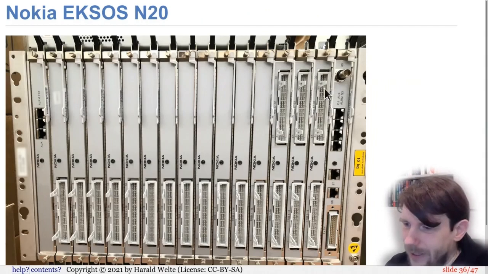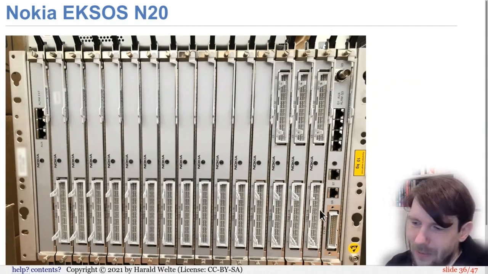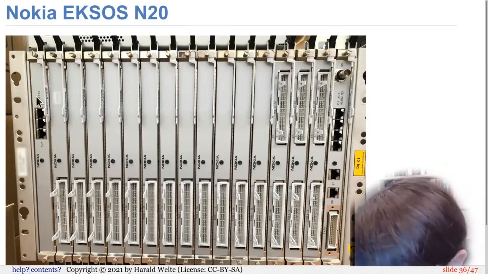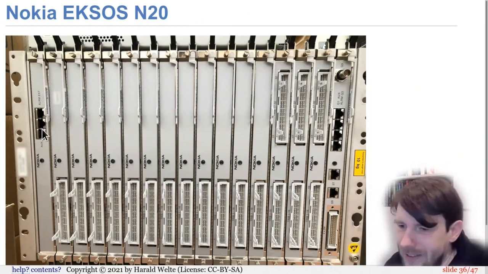Basically here we have 3 line cards, each of those cards has 32 analog subscriber lines, and then all the remaining line cards are ISDN basic rate access cards with 16 lines per card. And the last one was some alarm and auxiliary stuff, environmental management alarms in this rack. So that's a fully populated EXOS N20.